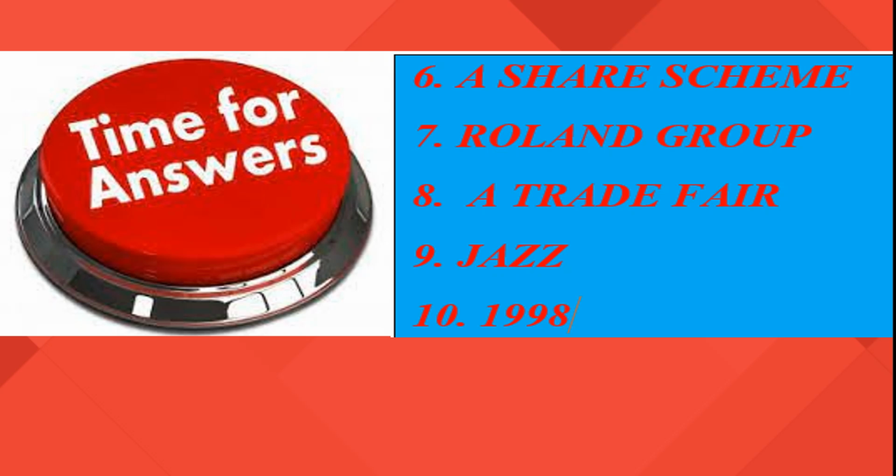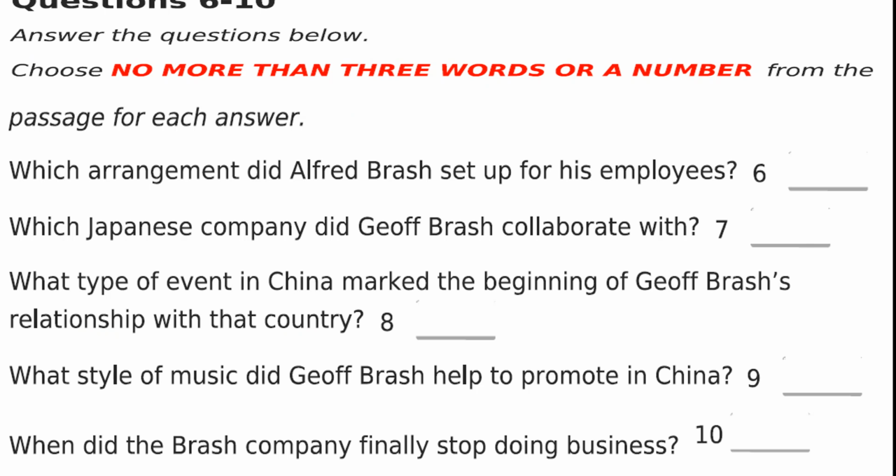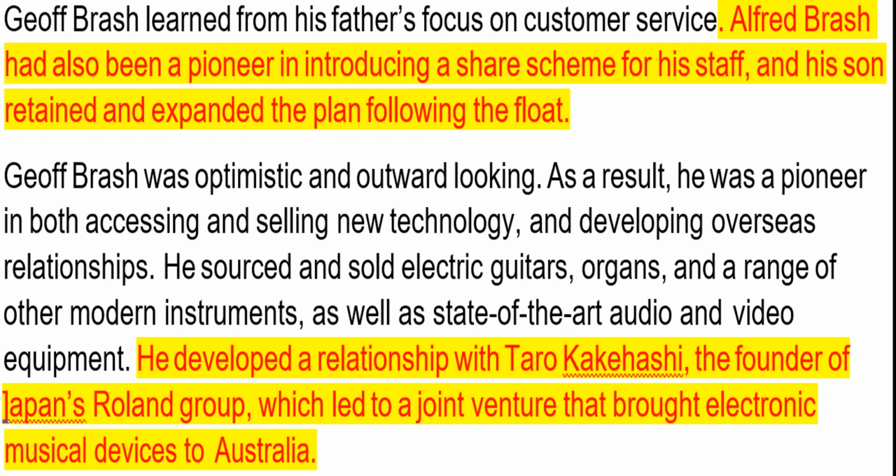Let's go further to our eighth statement and question. What type of event in China marked the beginning of Jeff Brash's relationship with that country? Let's go to the text. Here it is, actually we have cancelled the fifth and sixth paragraph.